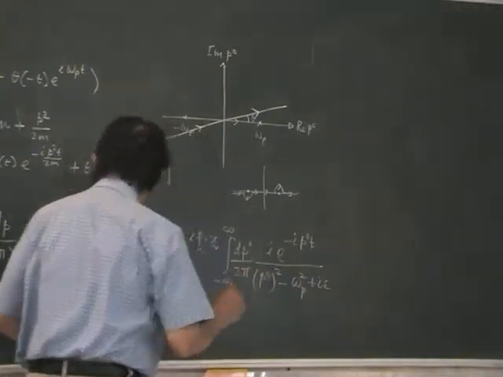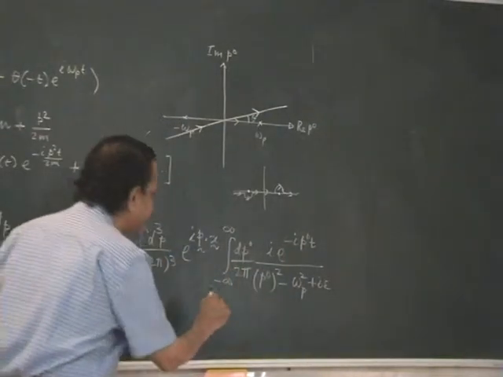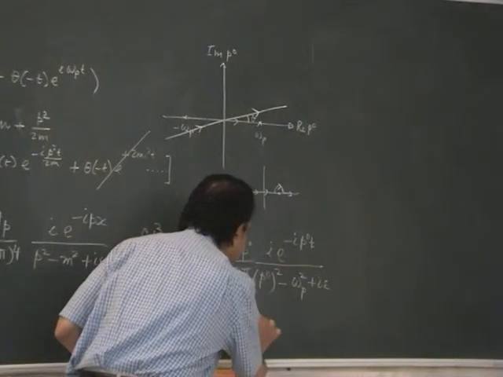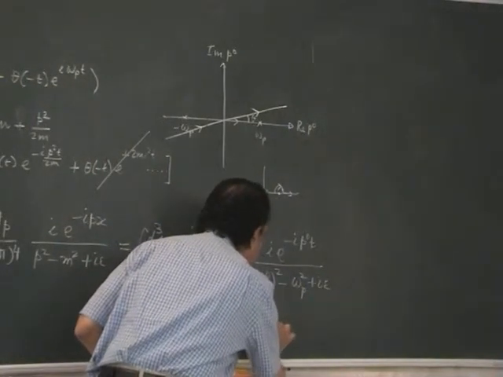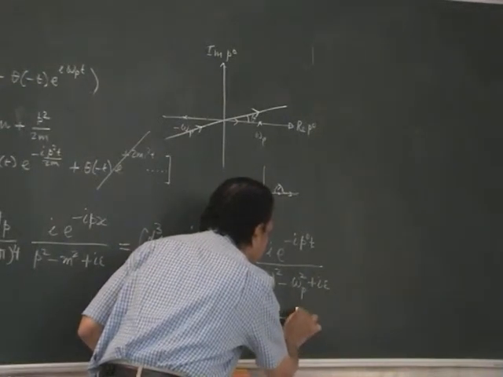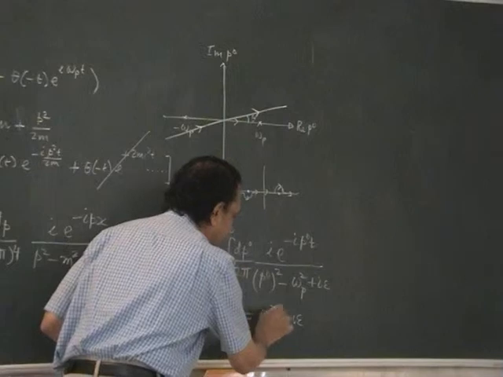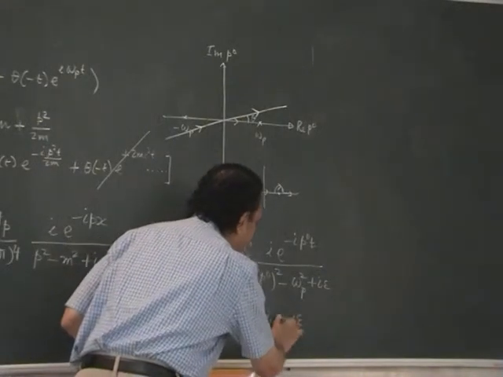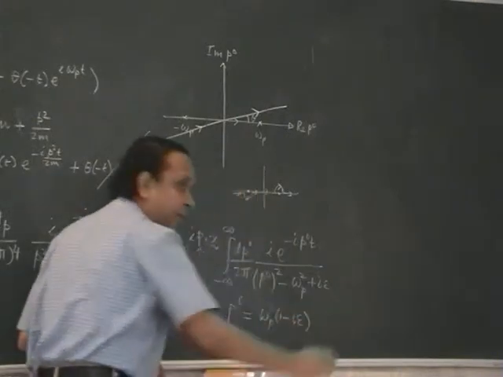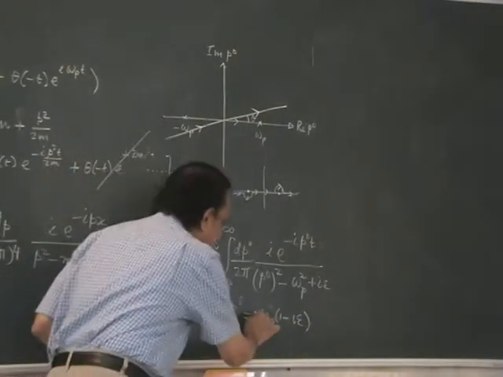So this gives you P naught equals square root of omega p square minus I epsilon. Yeah, I probably wrote it wrongly. So this will become omega p times 1 minus I epsilon, with a plus or minus sign.